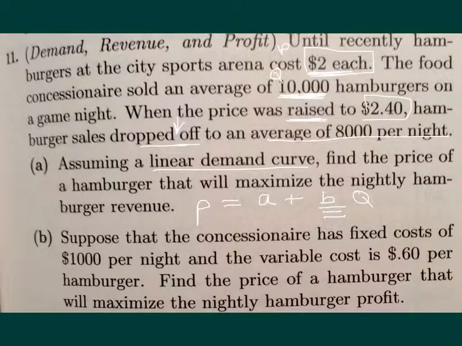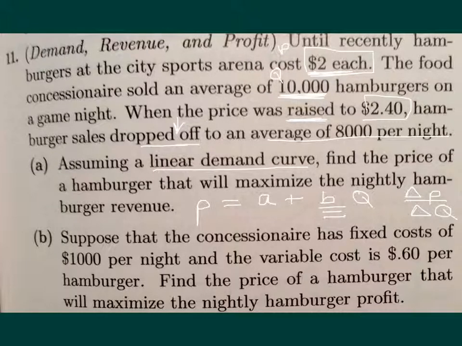So B tells me how the price changes with a change in quantity. B is really change in Y over change in X, but in this case it's change in P over change in Q. So that's some overview.